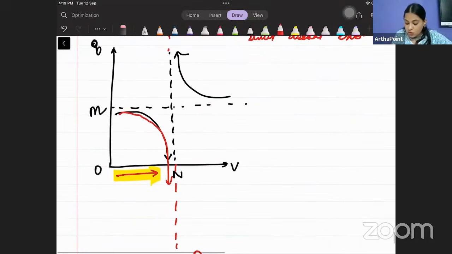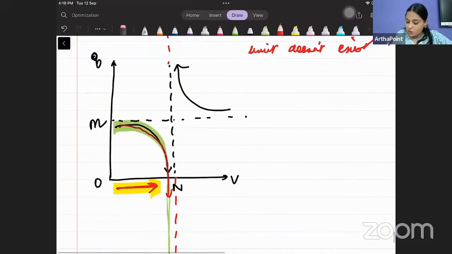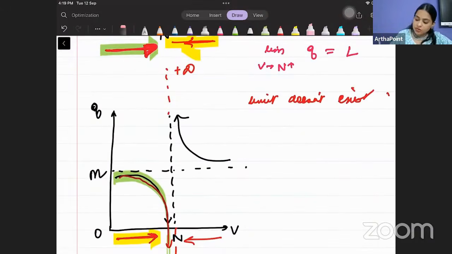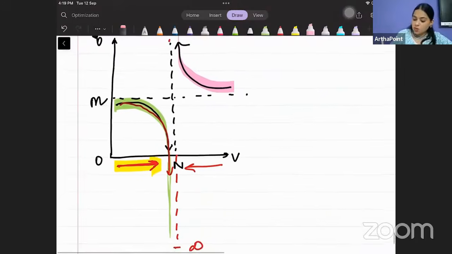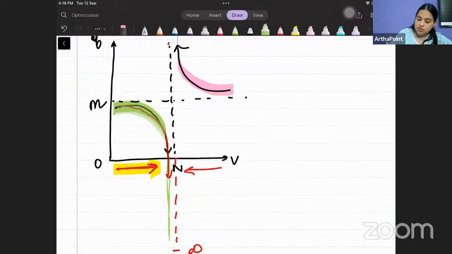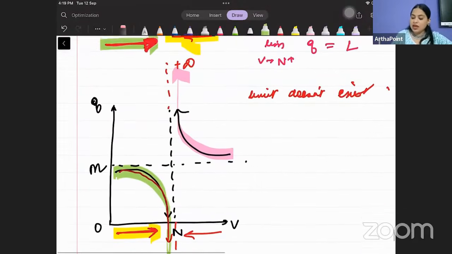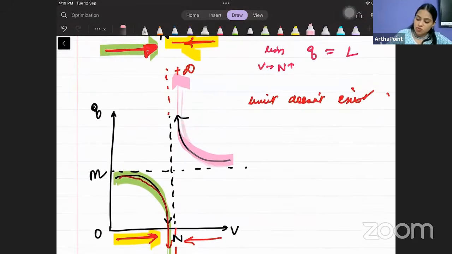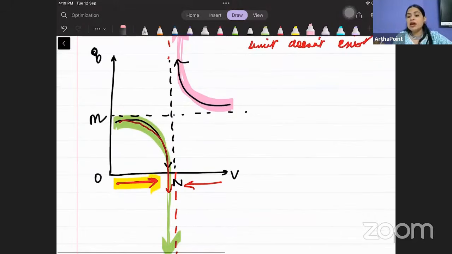So as I go to N from the left hand side, then beta, my diagram tells me that I must go towards minus infinity. And as I go to N from the right hand side, then my arrow tells me that I must go towards plus infinity. So one tells me I must go towards minus infinity, and other tells me I must go towards plus infinity.